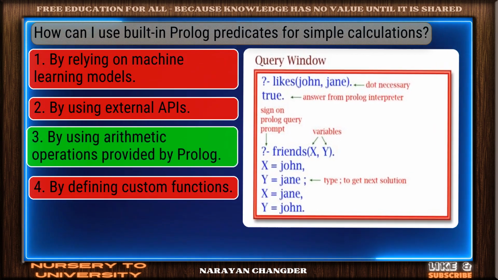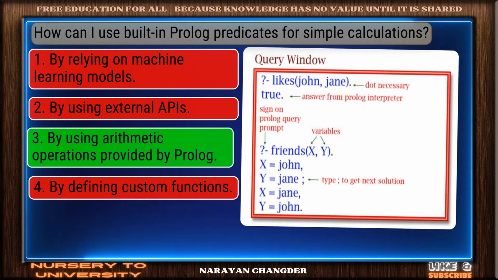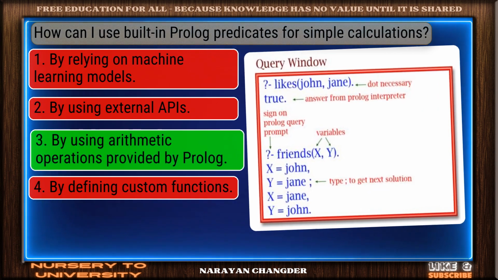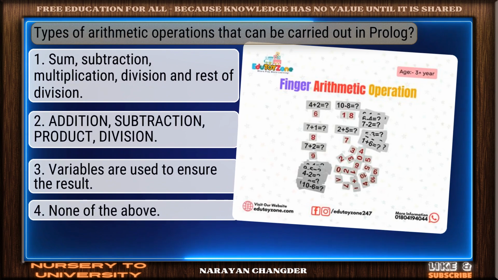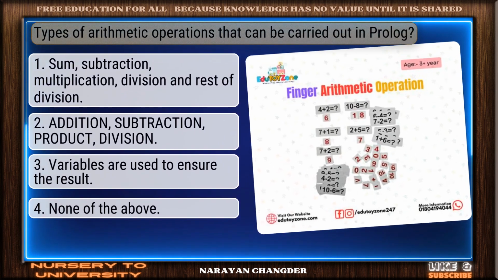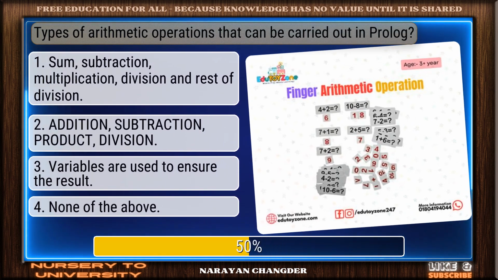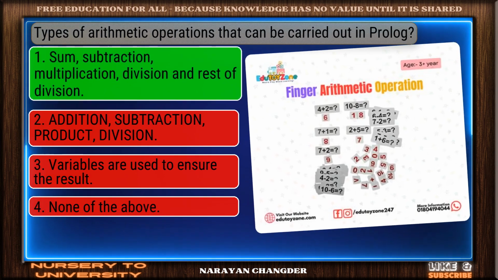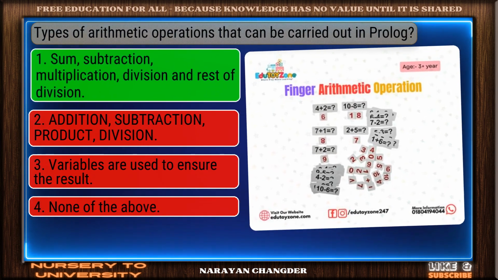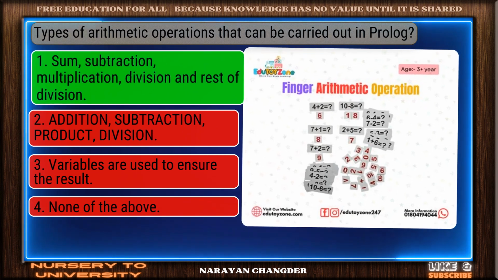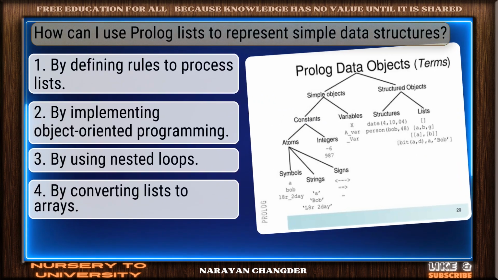By using arithmetic operations provided by Prolog is the correct answer. Question number 16. Types of arithmetic operations that can be carried out in Prolog. You chose sum, subtraction, multiplication, division, and rest of division. And it is correct.